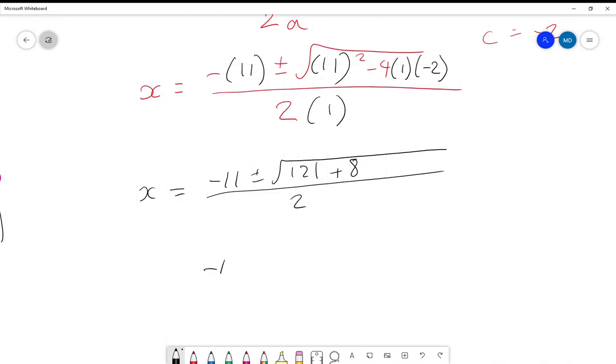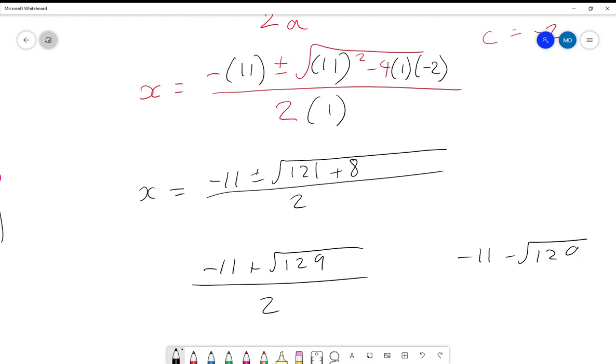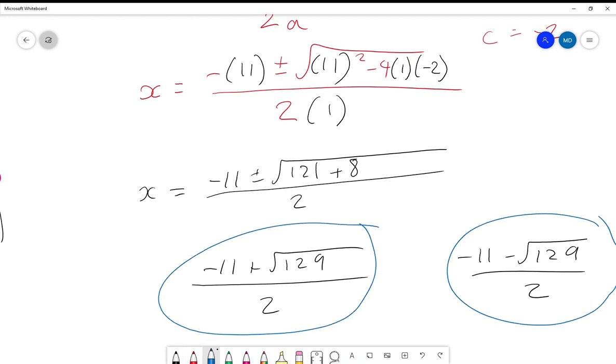You need to find out your two options, negative 11 plus the square root of 129 over 2, and negative 11 minus the square root of 129 over 2 are our two values that we have to work out. Again, using a calculator at this point if you want to find the decimal. You don't actually need to find the decimal. We can obviously identify that this is the bigger one and this is the smaller one. So you don't need to use a calculator to find a decimal at all.